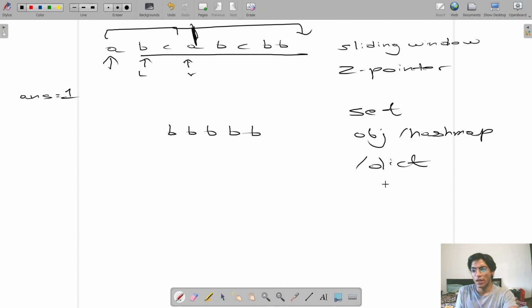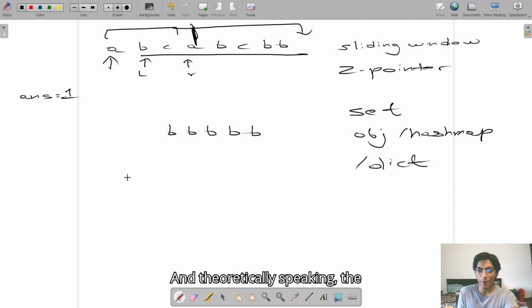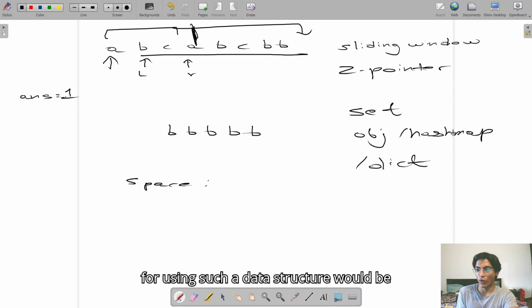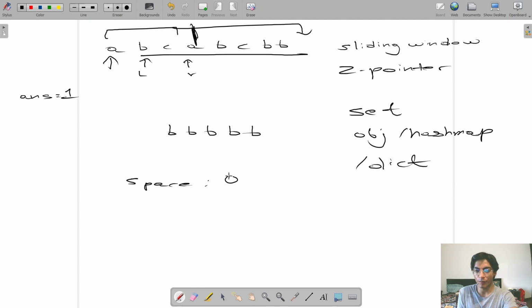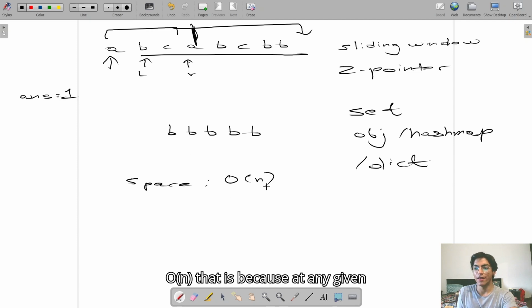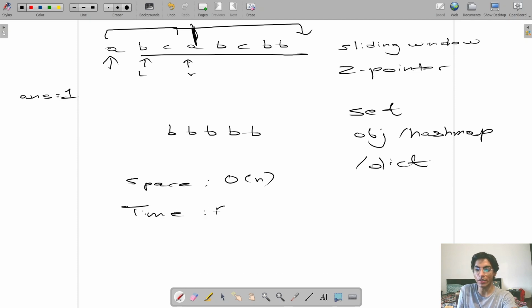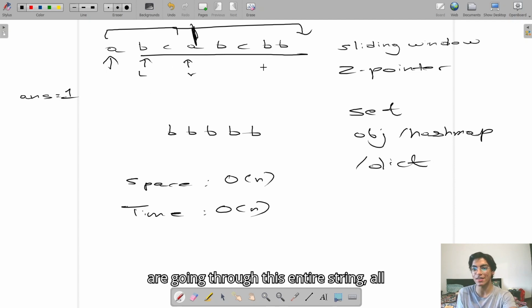Theoretically speaking, the space complexity for using such a data structure would be big O of n, because at any given point, we could potentially be storing all the characters in the string. So if we have n characters in the string, big O of n will be our space complexity. Time complexity will also be big O of n in such a case, because we are going through all the characters in the string exactly once.